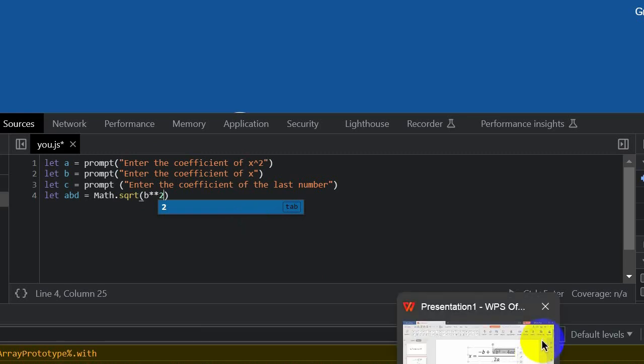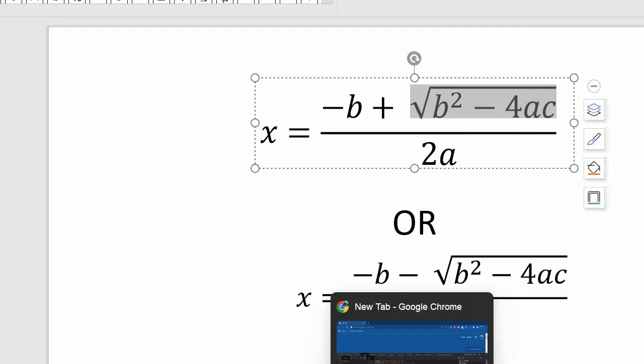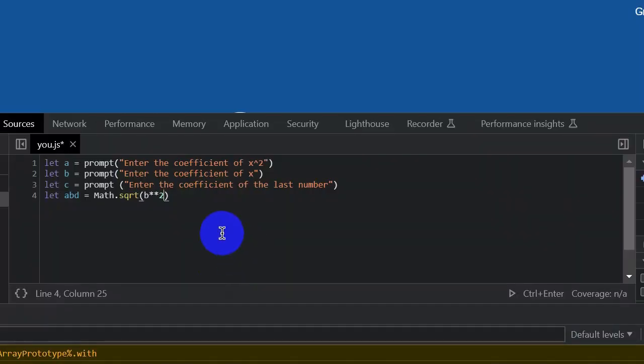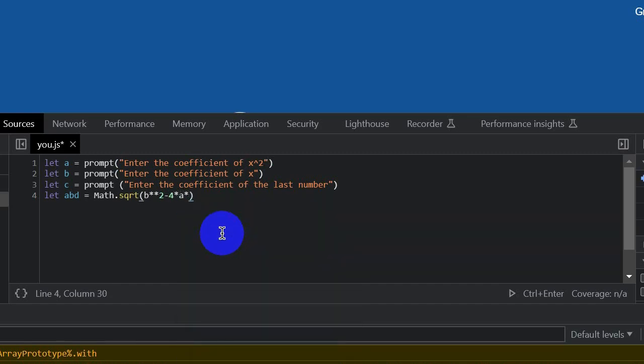You can see, minus 4 is, as I've said, 1 asterisk means multiplication, 2 asterisks is raised to power something. So minus 4 times, sorry, minus 4 times A times C, right?